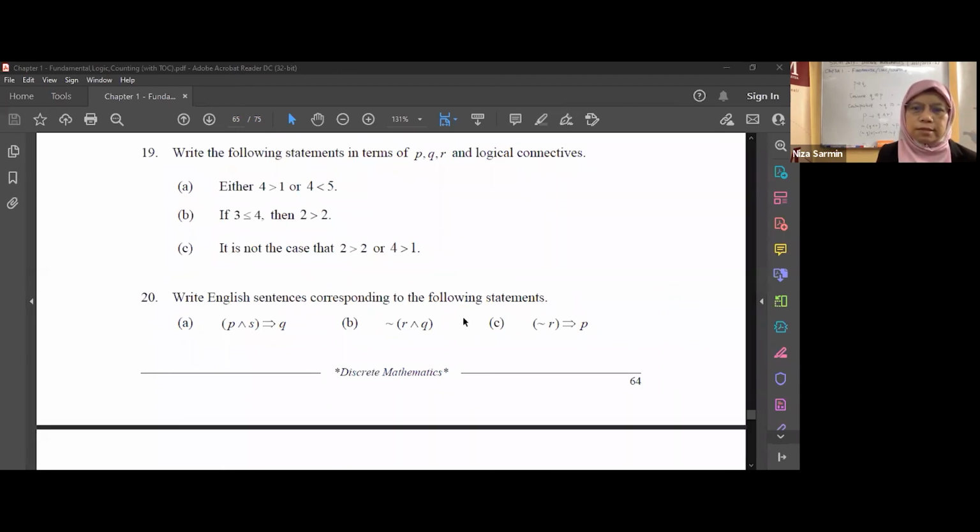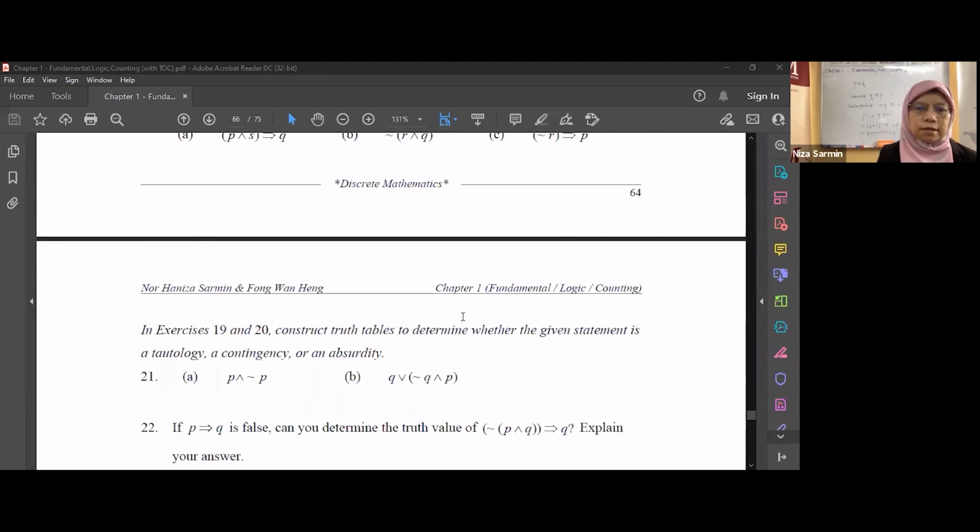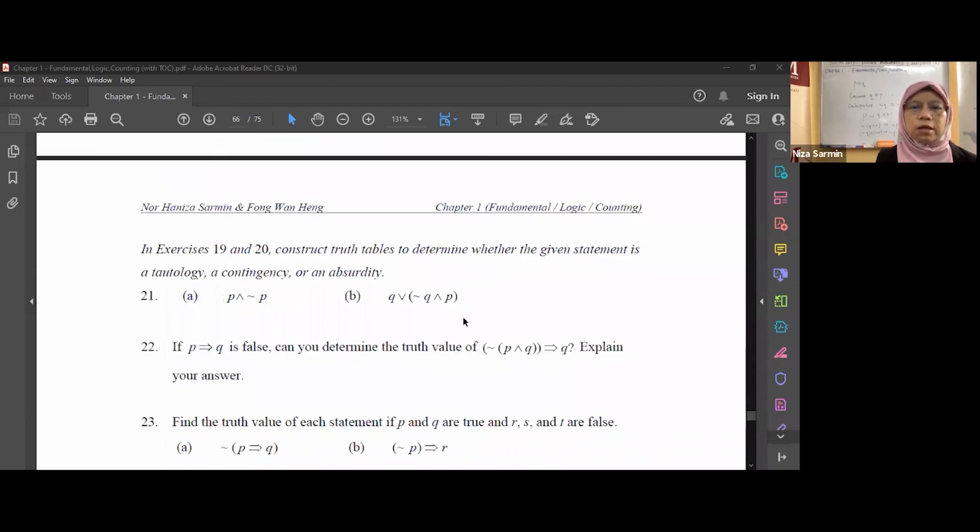Okay, next. Okay, you have to write the truth table and say whether it's a tautology, all true, contingency, all false, absurdity, mix. Okay, you have to write the truth table.